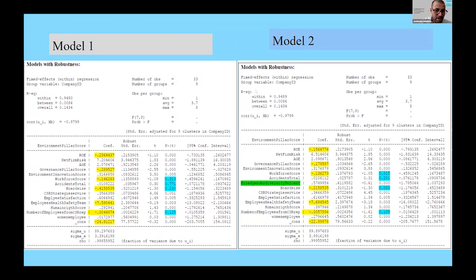We can see the return on assets is negative, equal to negative 0.23. And when we added the board gender diversity percentage, the ROE will have a negative impact, but it increases, it's not decreasing, it goes to 15.